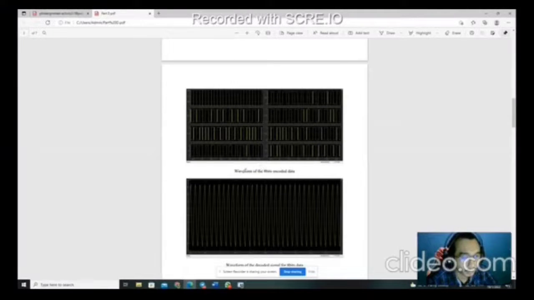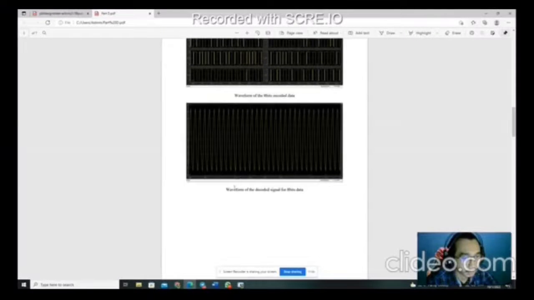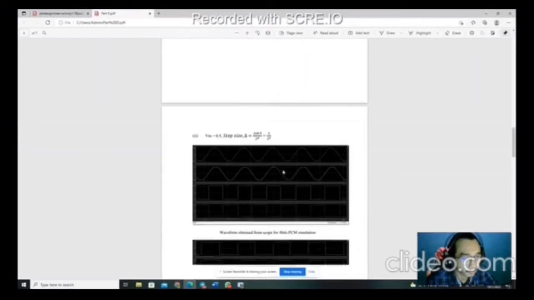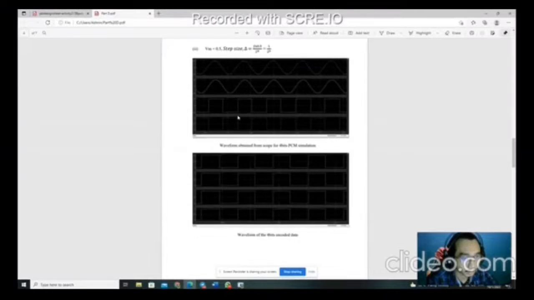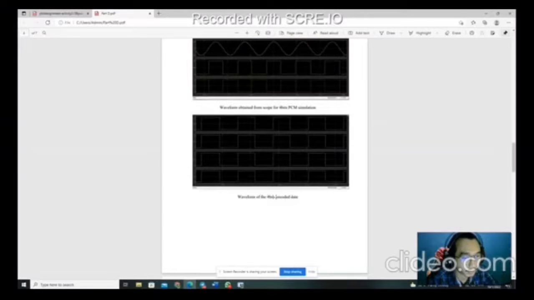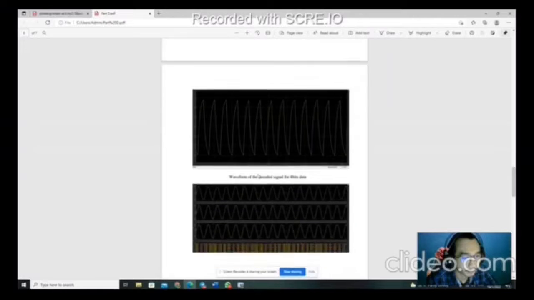Next is the waveform of the 8-bit encoded data, and this is the waveform of the decoded signal for the 8-bit data. Next is for VM 0.5, and this is the step size. The first waveform is obtained from the scope for the 4-bit PCM simulation with VM 0.5, and this is the waveform of the 4-bit encoded data.